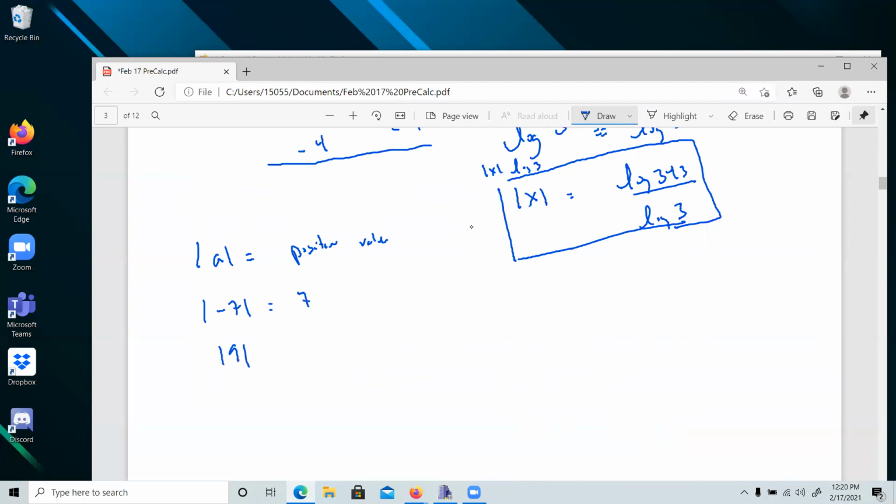I put in 9, it's just 9. Now, when I have an equation, an absolute value of x equals some number, then I have to worry about this, because I don't know what the x is. So I need to break this into two parts. I either need to say, well, x is equal to 3 or negative x is equal to 3.